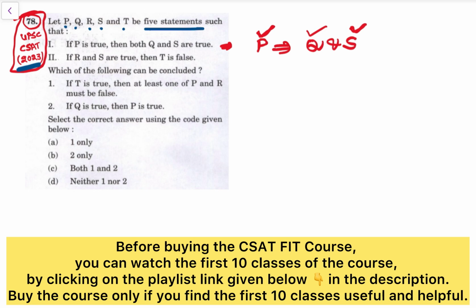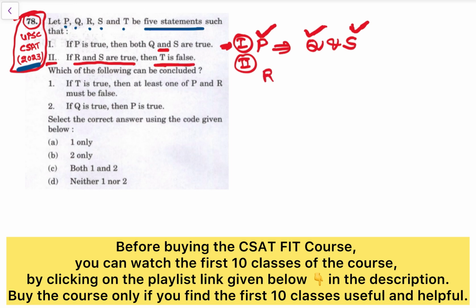That means if P is true, Q will be true and S will be true. Both Q and S are true. This is what we got from statement 1. And statement 2 is: if R and S are true, then T is false.